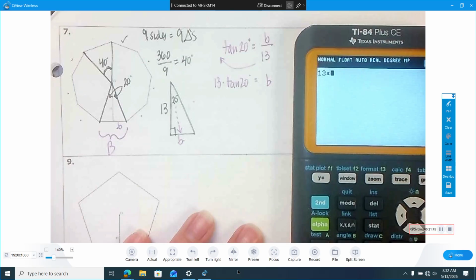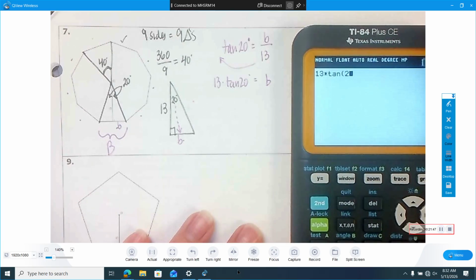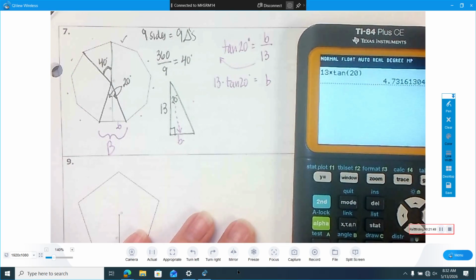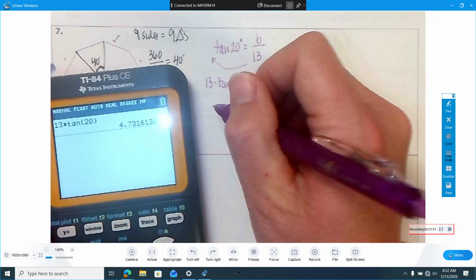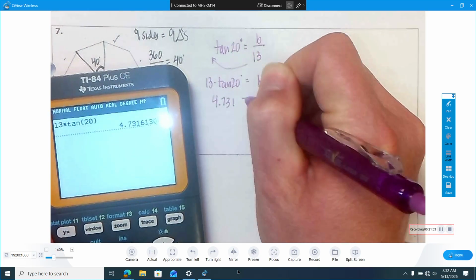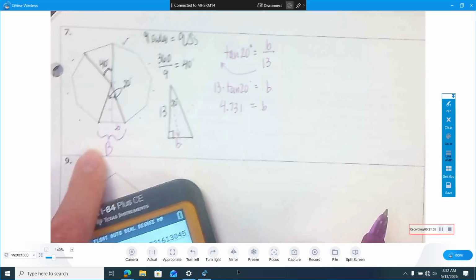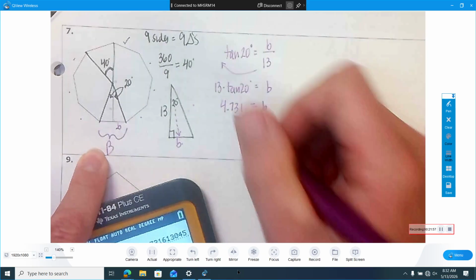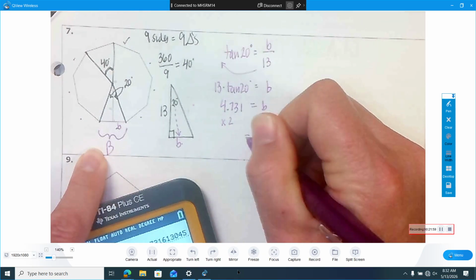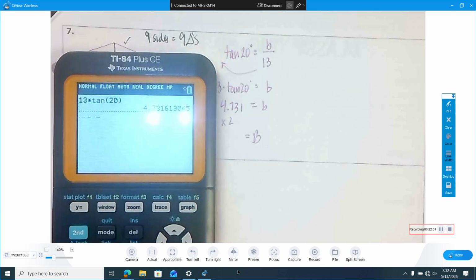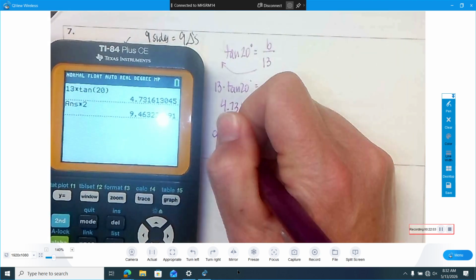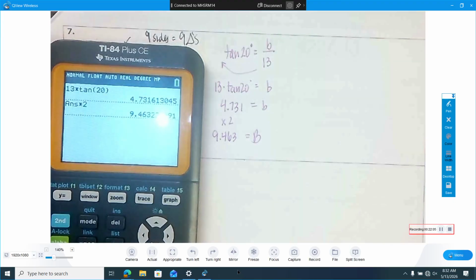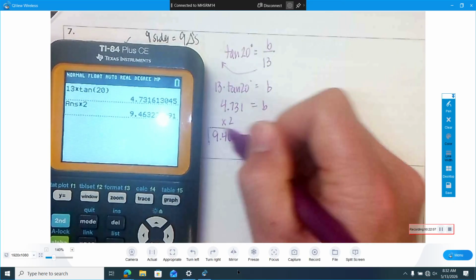So 13 times the tangent of 20 degrees is 4.731. That's little b. How do I get big B? Times by 2. So big B, just going to times by 2, is 9.463-ish.